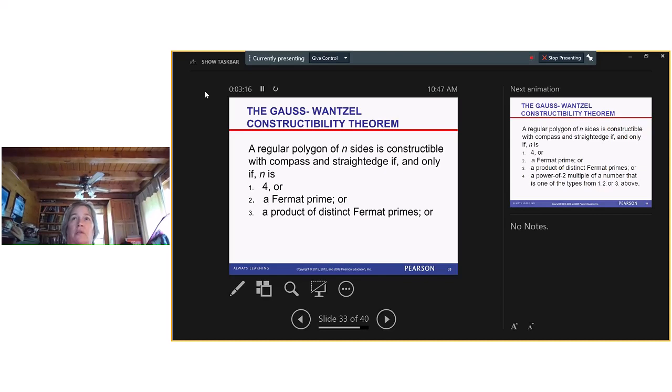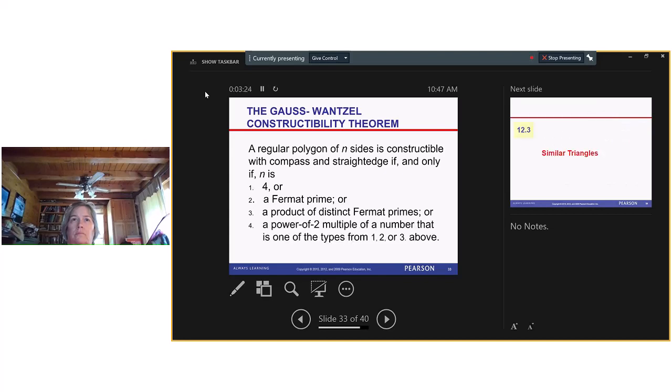But we don't usually do the Fermat primes. And that's what a power of 2 multiple of a number that is one of the types from 1 to 3 above. So multiples of the power of 2 is what the Fermat primes are going with. So that's what that means.